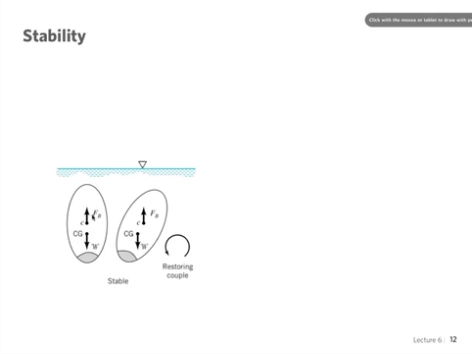So if we rotate this a little bit in this way, and we look at the torque that is generated by this new position, we see that the weight acting down from the center of gravity and the buoyancy force acting on the center of buoyancy both act together to produce a restoring couple, a torque that restores the body to its previous position.